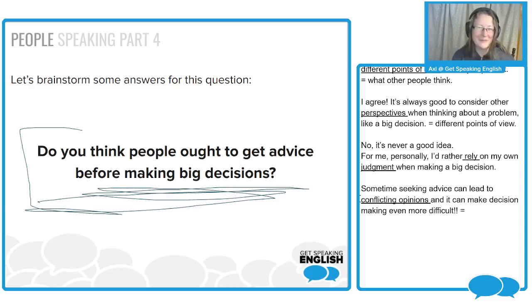Conflicting opinions, those are opinions that sort of counter one another. They go against one another, so they're not in agreement with one another. So that can make it really hard, right? So if you have like a big decision, that could definitely happen.